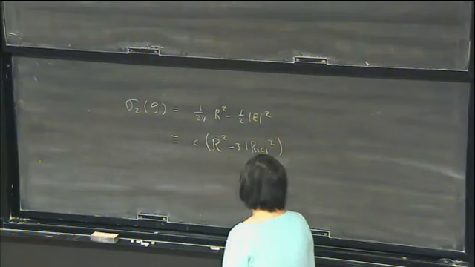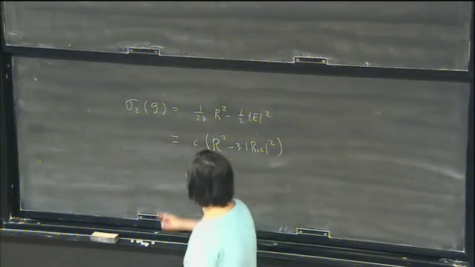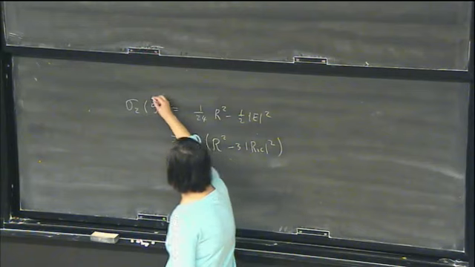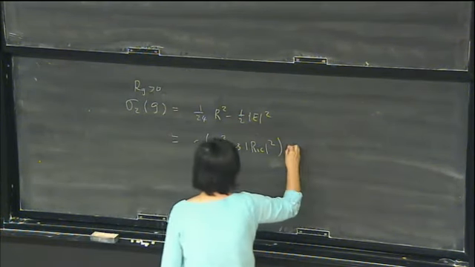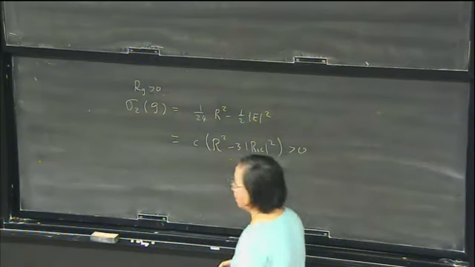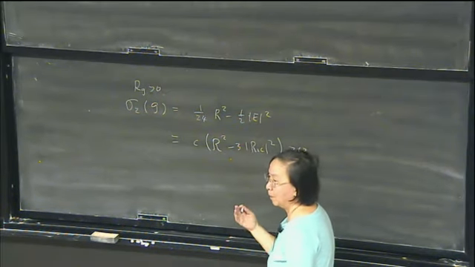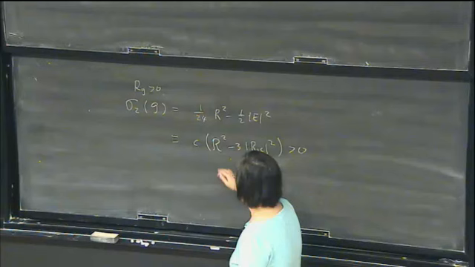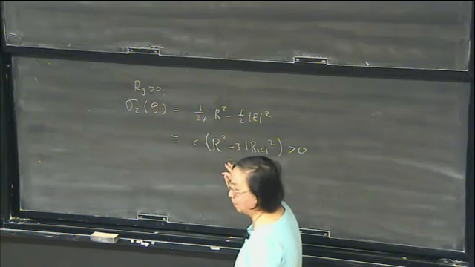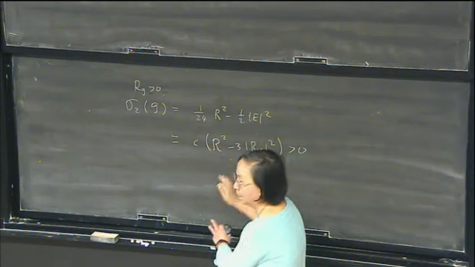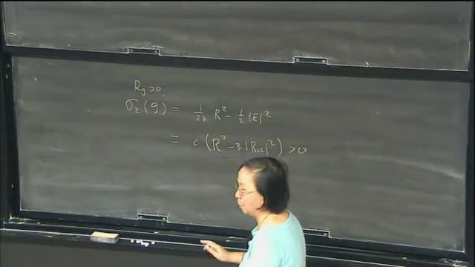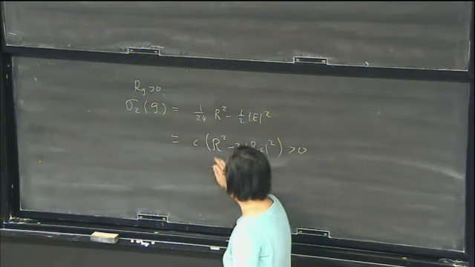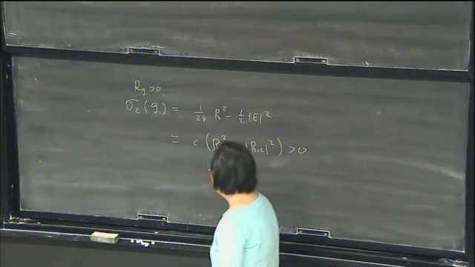And so the question for us is, if this thing is positive, then Ricci is already positive. But on the other hand, the scalar curvature can blow up. So we cannot tell if this condition prevents the scalar curvature from blowing up.